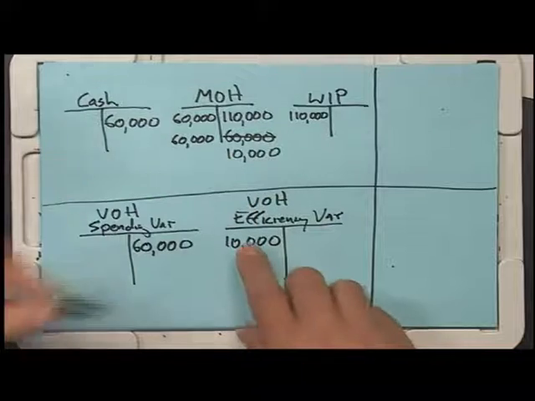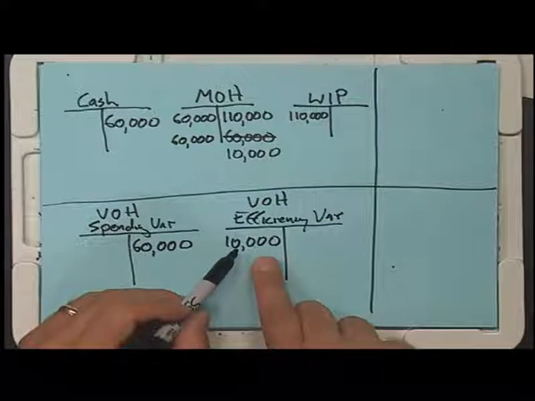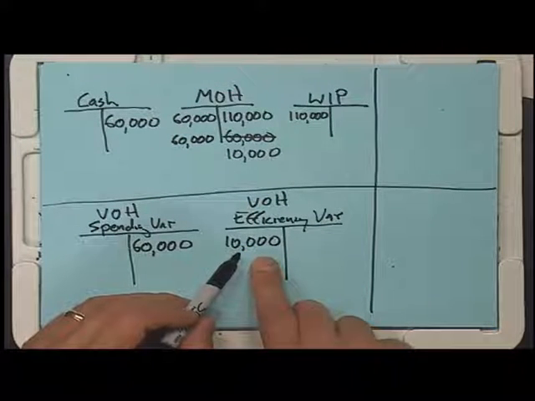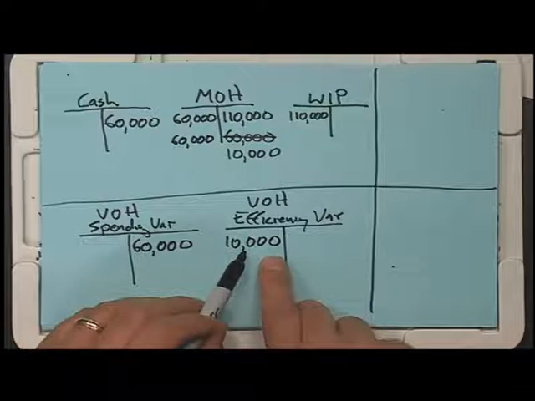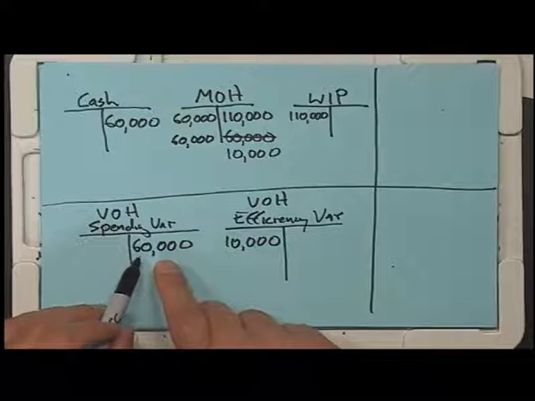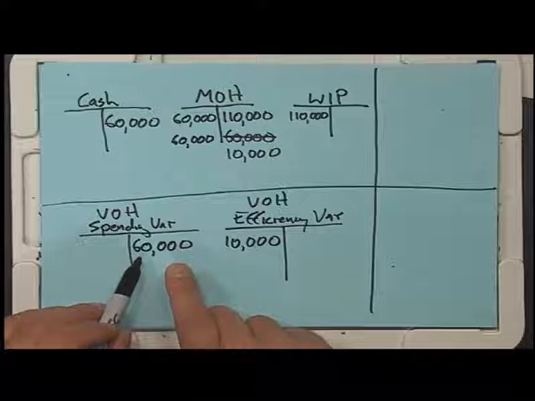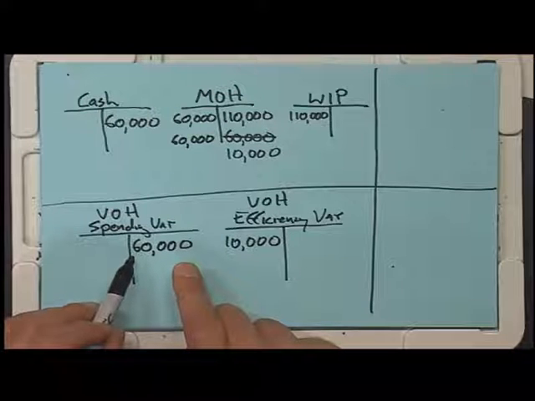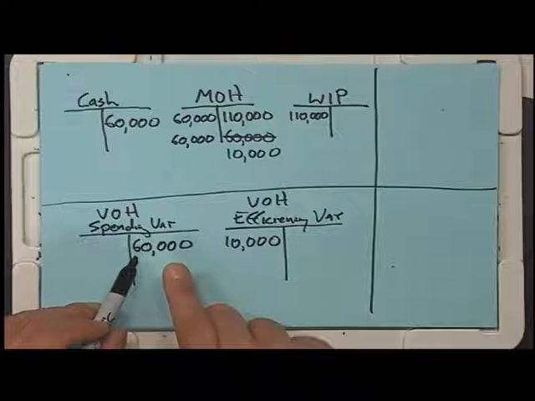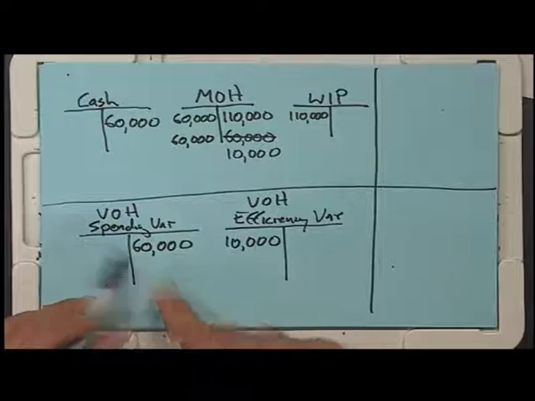An unfavorable variance because we used 60,000 hours where 55,000 should have done it. And again, this is $60,000 we saved by cutting our variable overhead per hour to $1 from the budgeted $2.